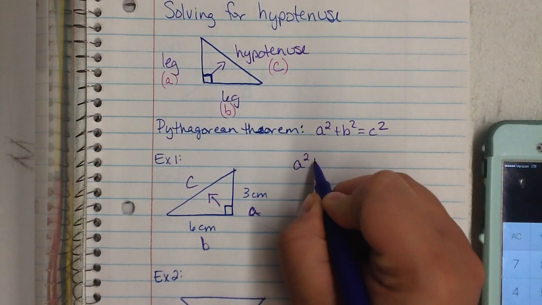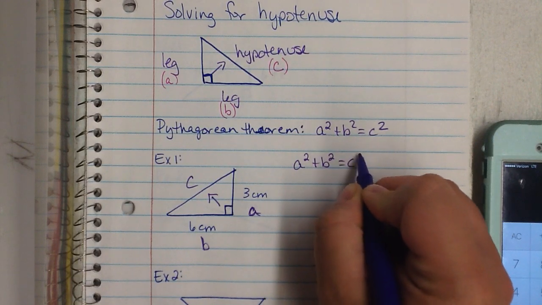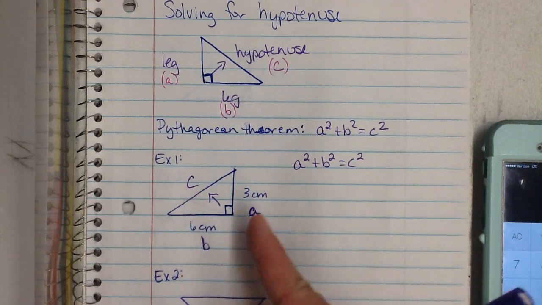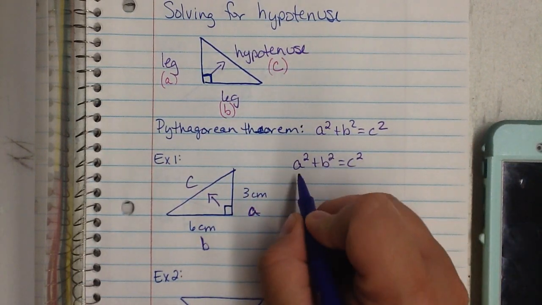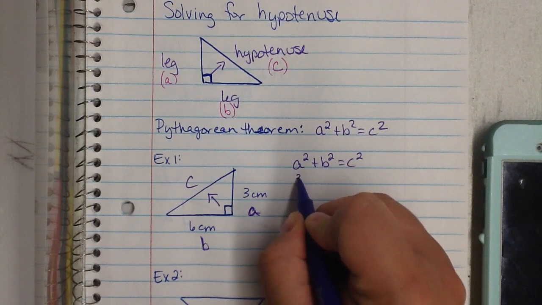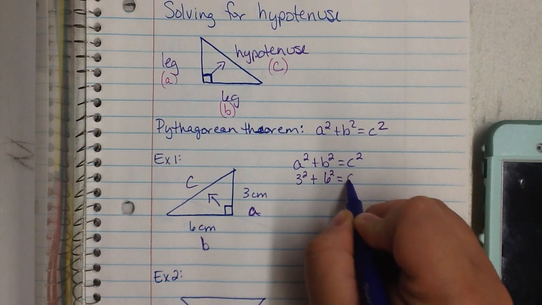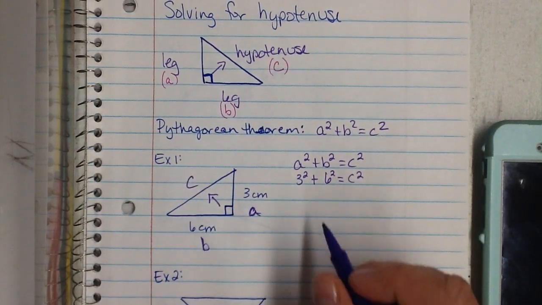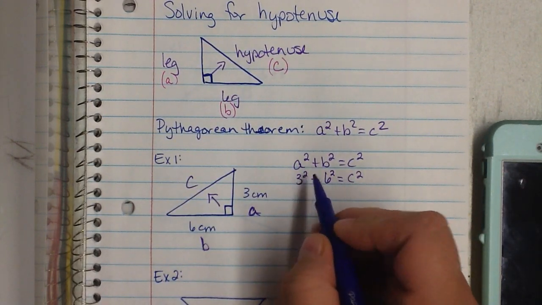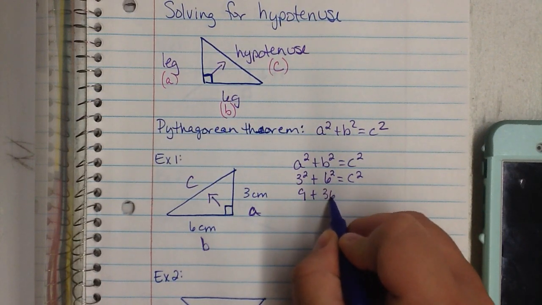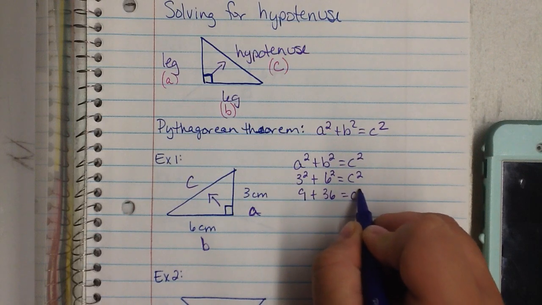So A squared plus B squared equals C squared. You will always write out your formula to start with, and then you're going to plug in the numbers that you have. So 3 squared plus 6 squared equals C squared. We're still solving for C. 3 squared is 9. 6 squared is 36, equals C squared.